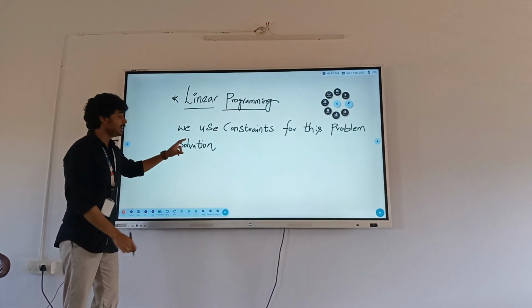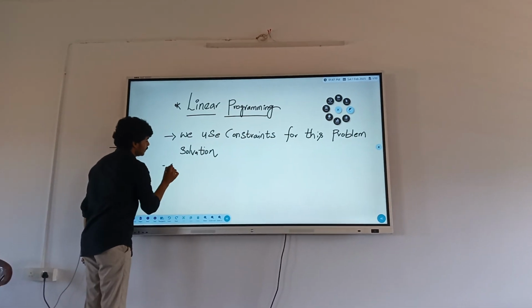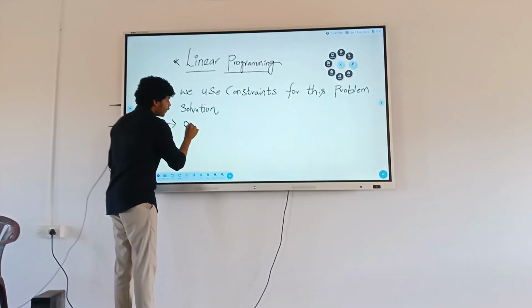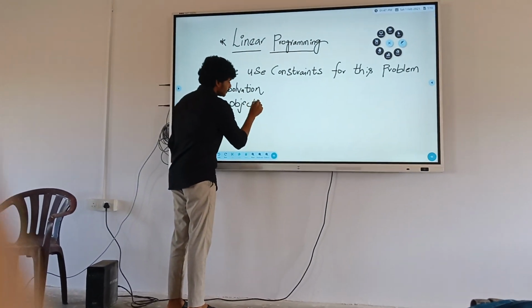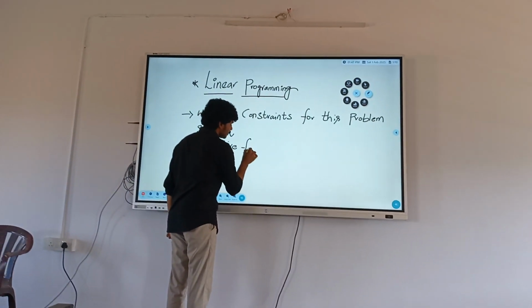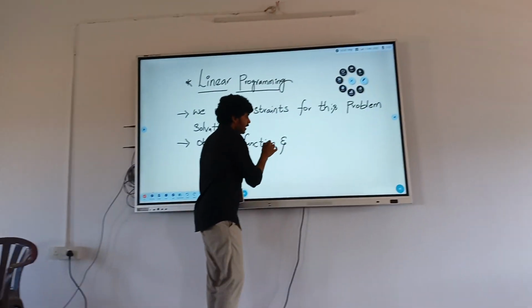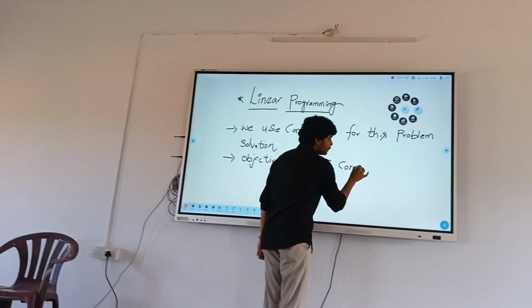Another one is the objective function, and the constraints should be linear.